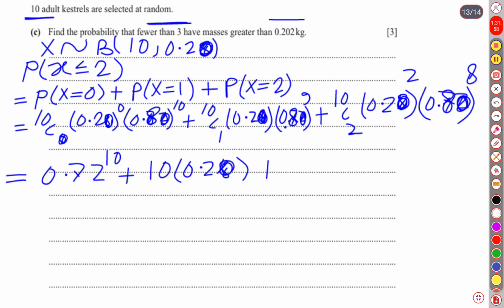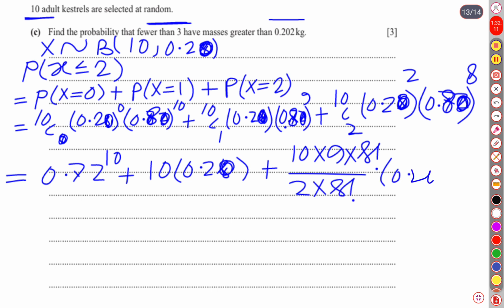Then for the third one it is 10 factorial, that is 10 into 9 into 8 factorial over 2 into 8 factorial, then 0.20 squared and 0.80 to the power 8. If we use our calculator, it is going to be 45. Not 0.72, it is actually 0.80 raised to 10.